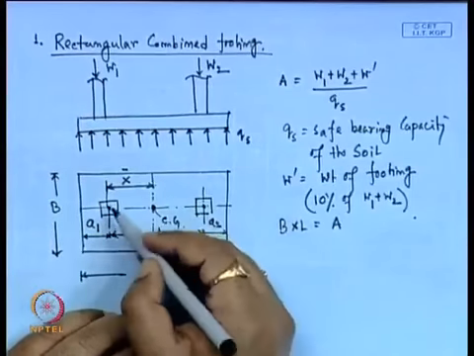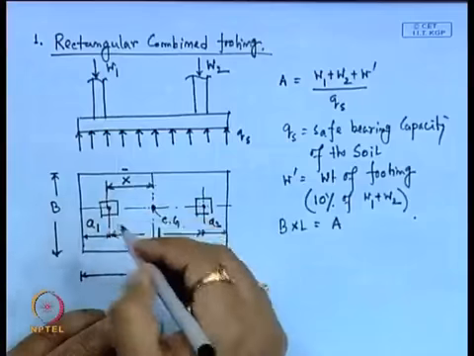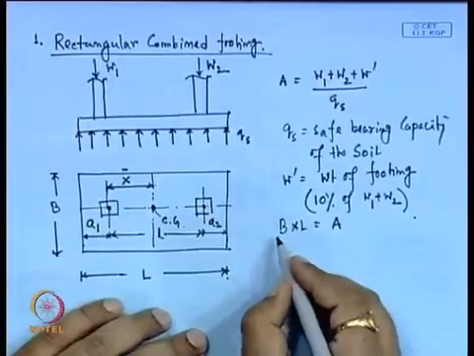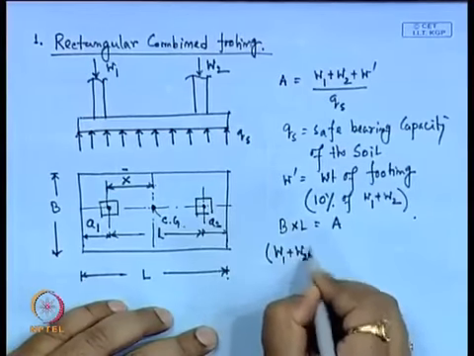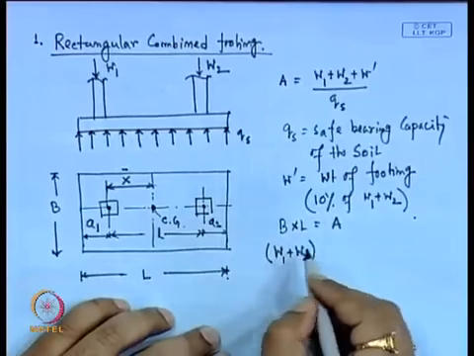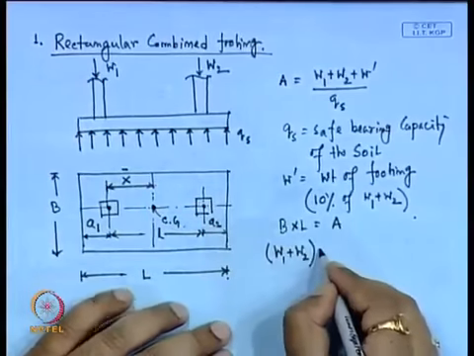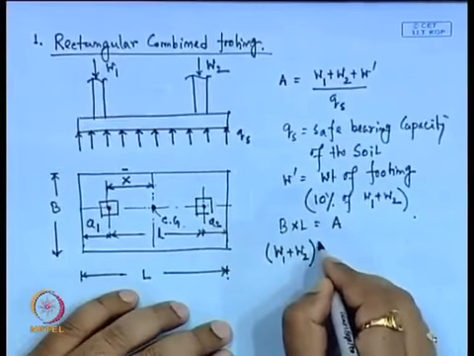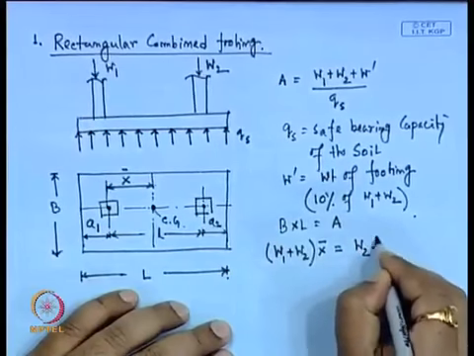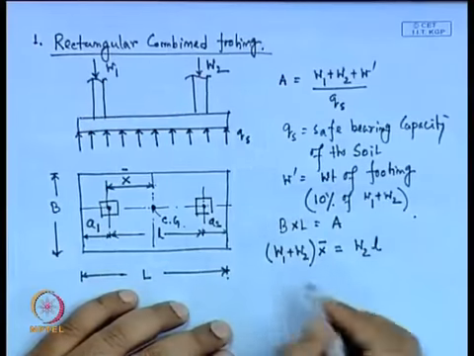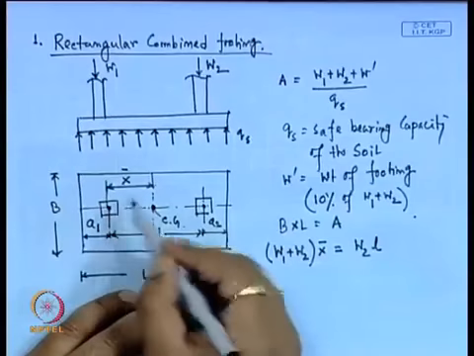Now, if we take the moment at the first column center, we can write that W1 plus W2, the total resultant force, into x bar is equal to W2 into l. So I take the moment from the center of the first column.